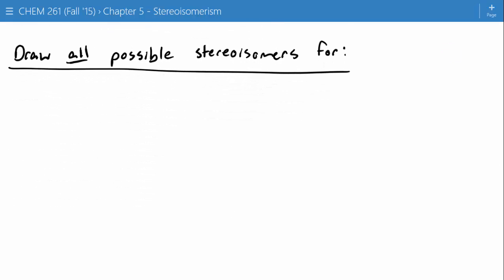The first one is 1-bromo-3-chlorocyclopentane. So I'm not telling you R or S. I want you to try to figure out all the potential combinations.